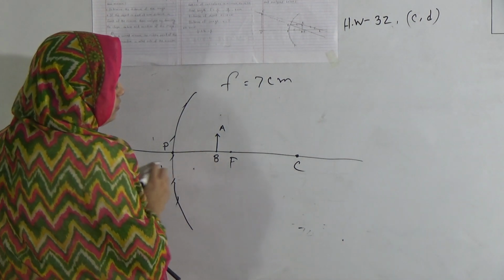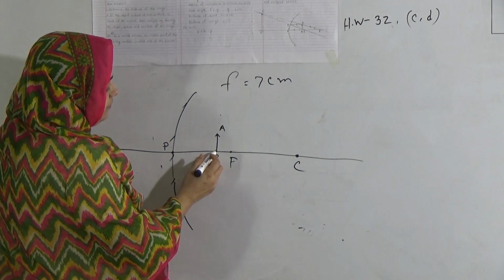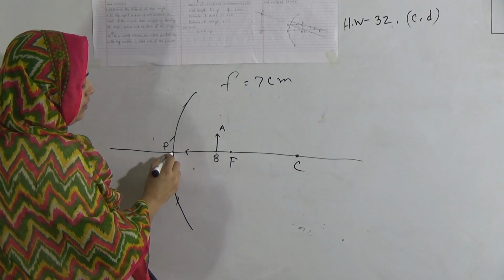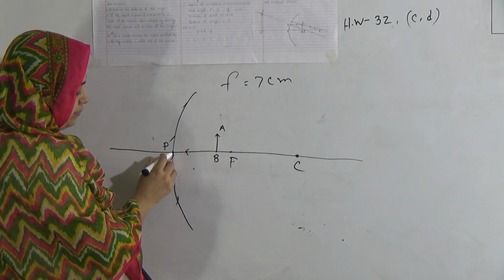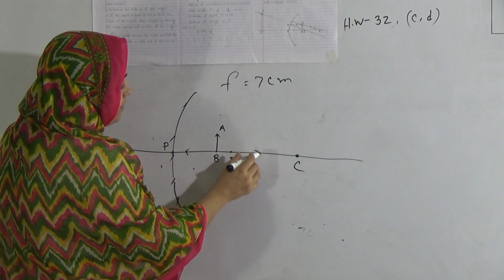So the first rule we have to apply: the first ray coming from point B falls on point P on the mirror, and after reflection it will go through the same path.